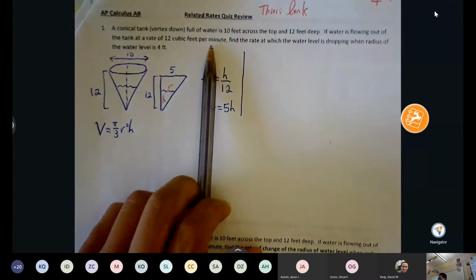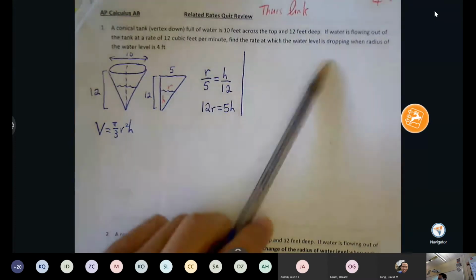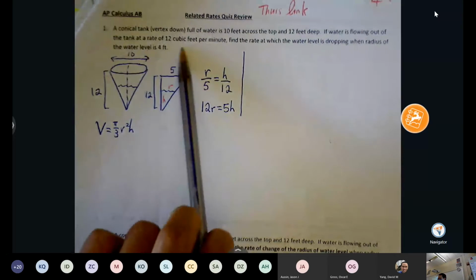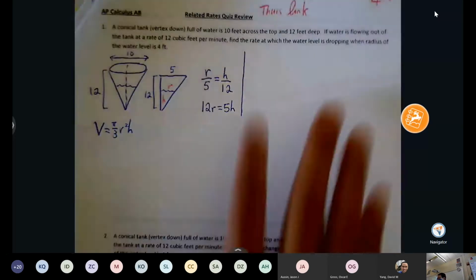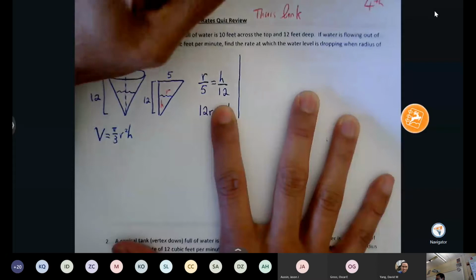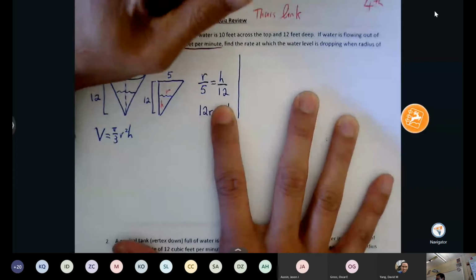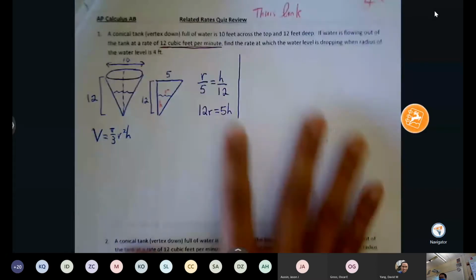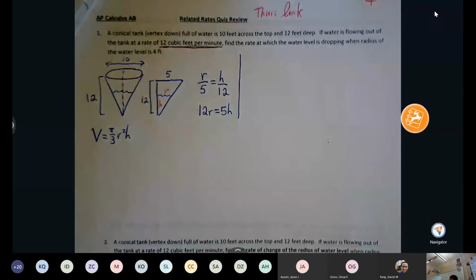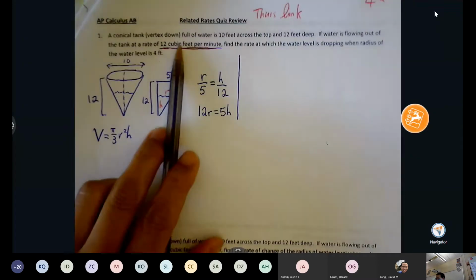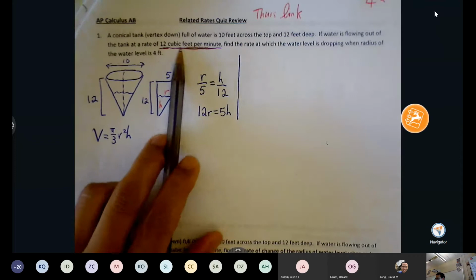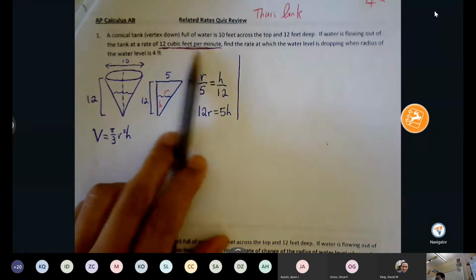All right, let's read the rest of the problem here. Water is flowing out of the tank at a rate of 12 cubic feet per minute. So we need to read this description and see what variable that's talking about. What do you think? Okay, dV dt, good. Cubic feet, you know this is a three-dimensional unit, that must be volume. But it can't be just volume because there's time involved, so it's going to be dV over dt.